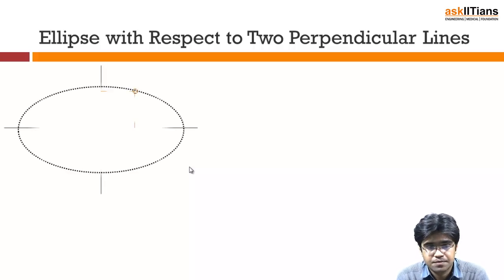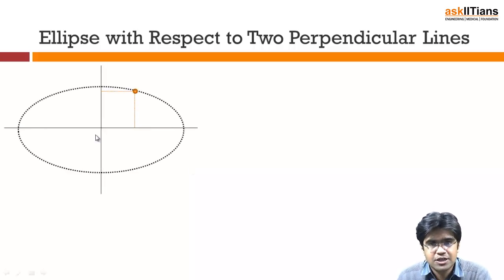Look what happens here. This is a general ellipse. If we have this point, let's say x comma y, and these are the 2 perpendicular lines which you may feel as axes, then how do I write my equation? I write my equation as x square by a square plus y square by b square is equals to 1. Now what are x and y?